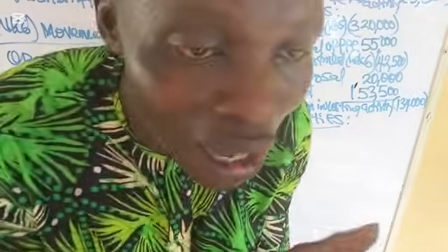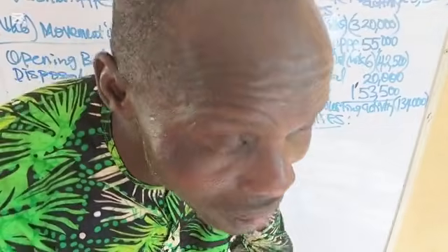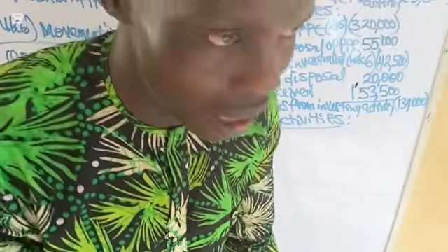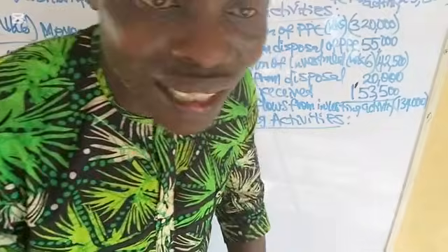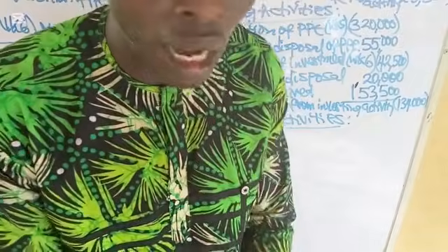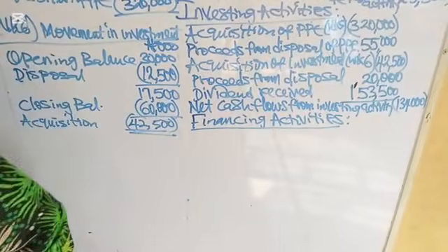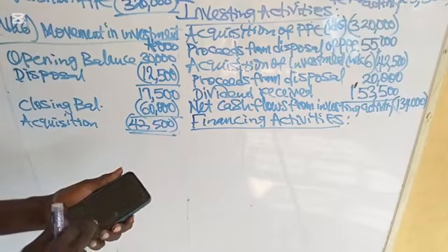And the two major sources of finance are equity and debt. So, whenever you get to this section of the statement of cash flows, you check the movement of those two components. Now, we want to check the movement in equity shares.